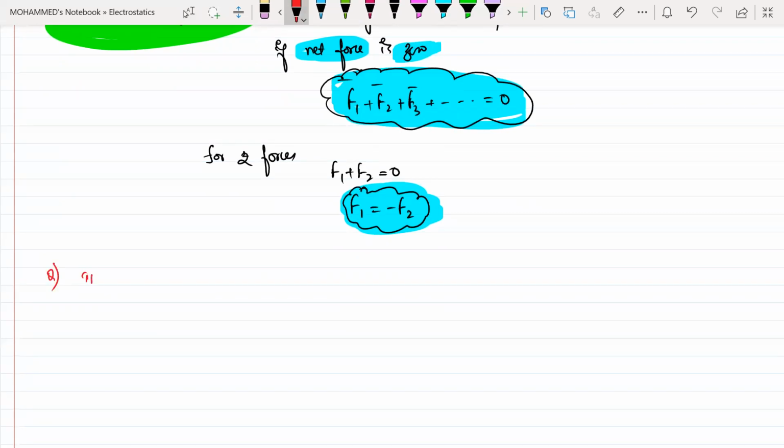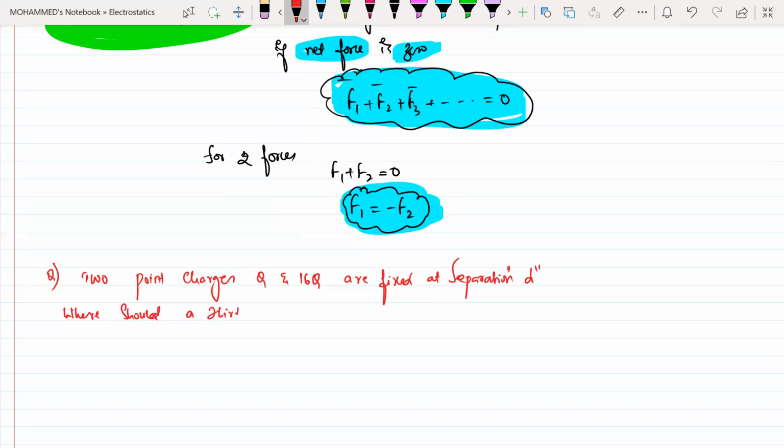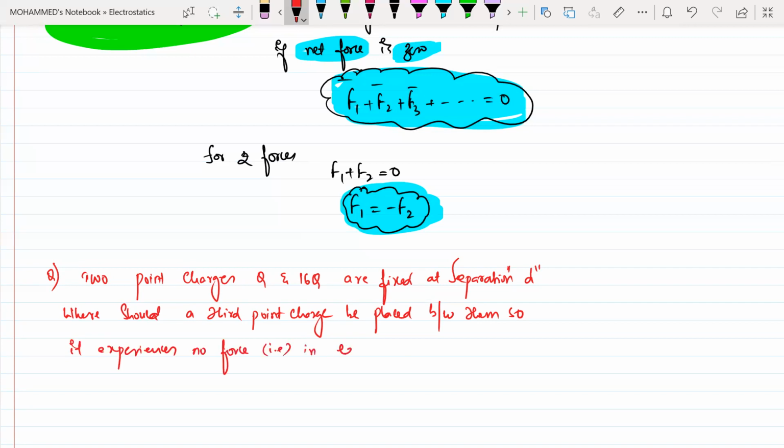Say for example, we got 2 point charges of capital Q and 16 times capital Q, which are fixed at a separation of D. Now the question is, where should a third point charge be placed between them so it experiences no force, that is, is in equilibrium? This is your question.